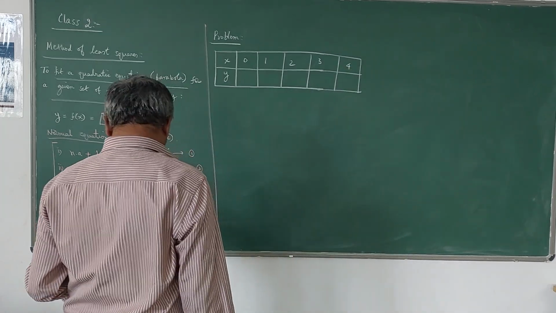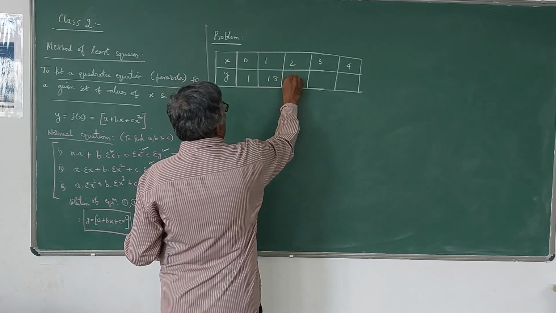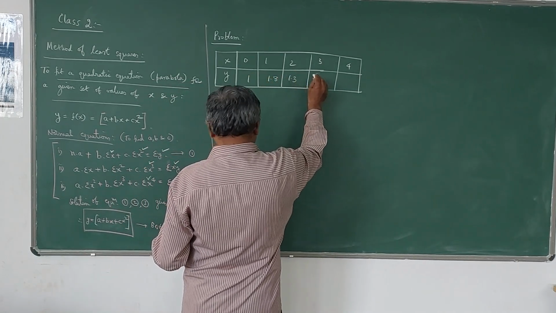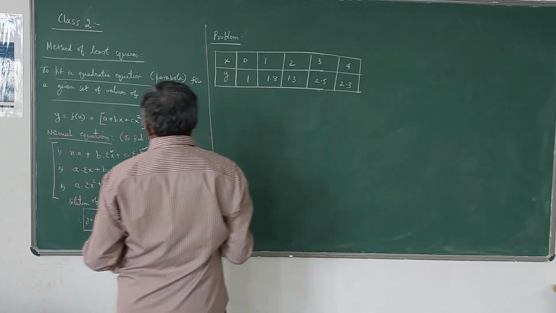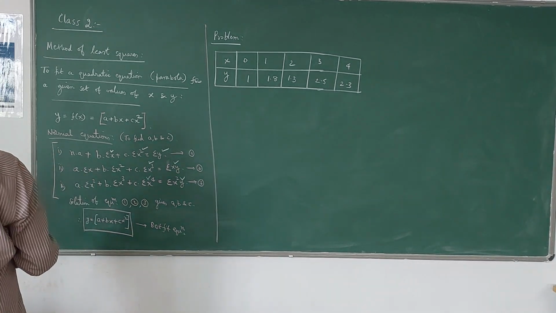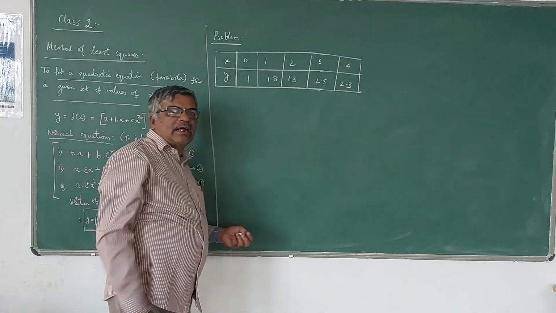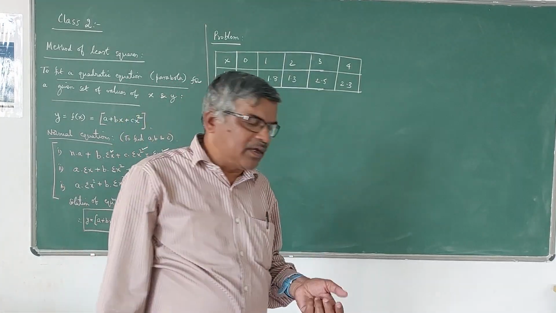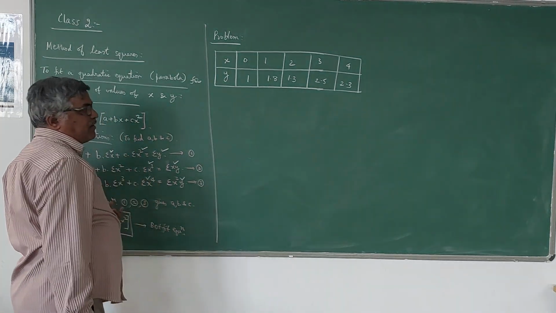Y values are 1, 1.8, 1.3, 2.5, 2.3. Now we have to fit a parabola, or get a quadratic equation which suits this data. That is the best fit parabola, or best fit quadratic equation, we have to find out.